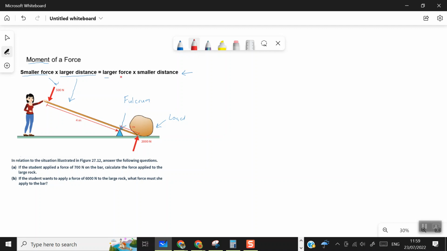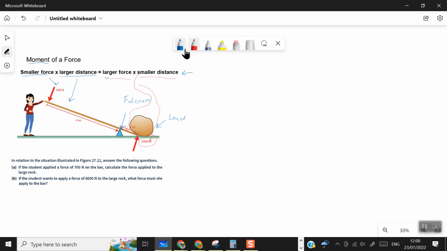The larger force is this force down here, multiplied by the smaller distance, which is this distance in here.